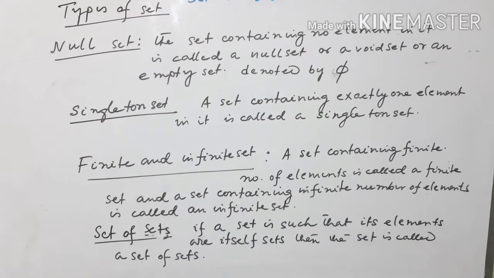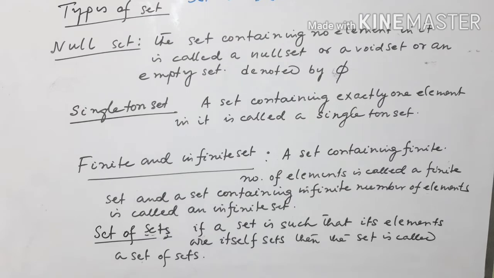Next, singleton set. The set containing exactly one element in it is called a singleton set. Third, finite and infinite set. A set containing a finite number of elements is called a finite set, and a set containing an infinite number of elements is called an infinite set.